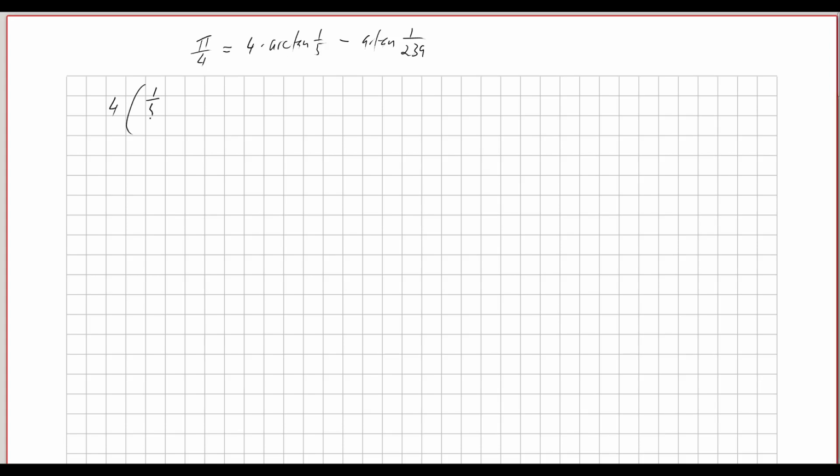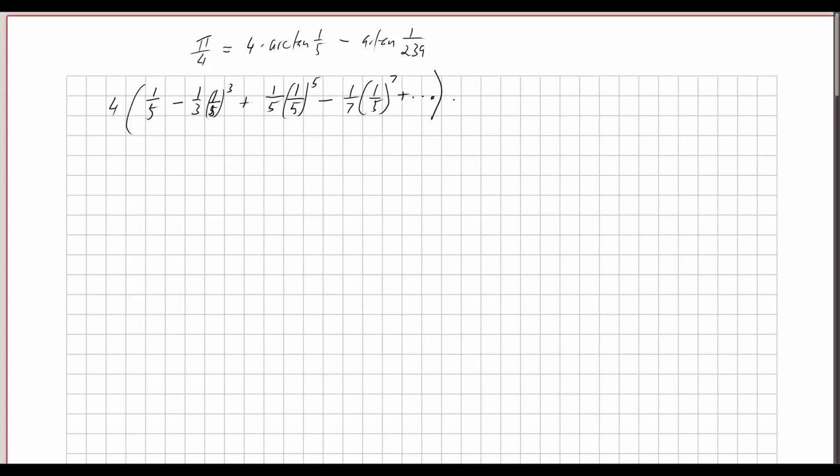In the series that is 1 over 5 minus 1 over 3 times 1 over 5 cubed plus 1 over 5 times 1 over 5 to the power of 5 minus 1 over 7 times 1 over 5 to the power of 7 plus, and so on.